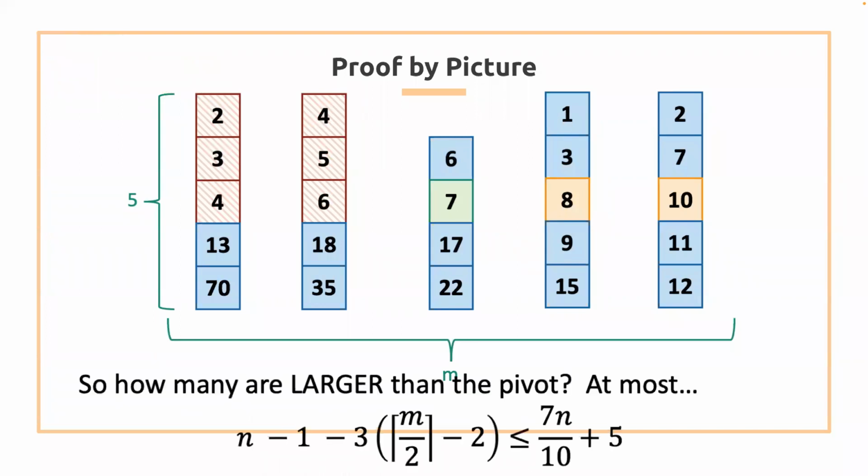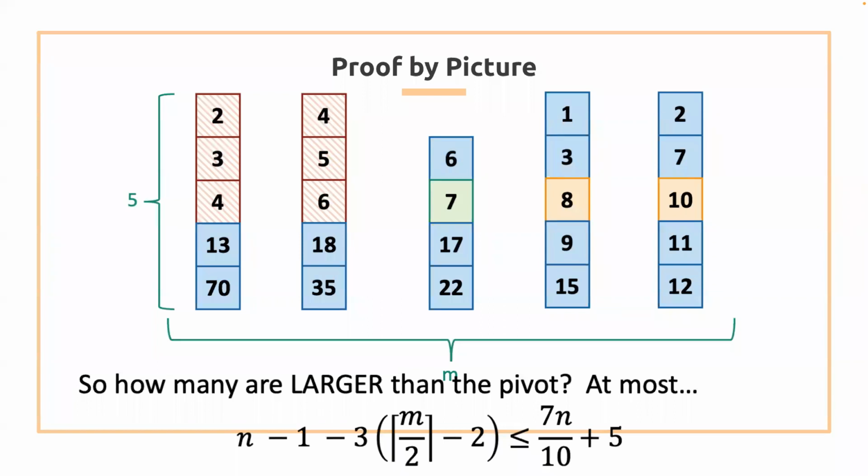So how many are larger? You take n-1, which is the total number of elements, not counting the pivot. And then you subtract what you know for sure are smaller. So now I'm asking how many are larger, right? So you take the total minus the number that are smaller. That gives you how many elements. At most, this many elements are bigger.